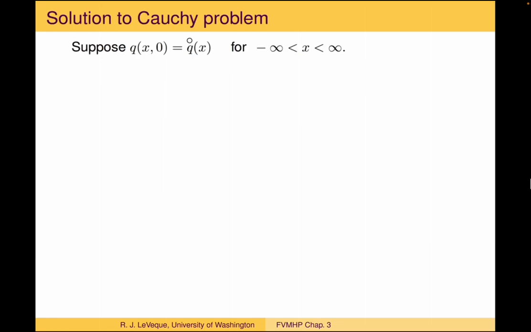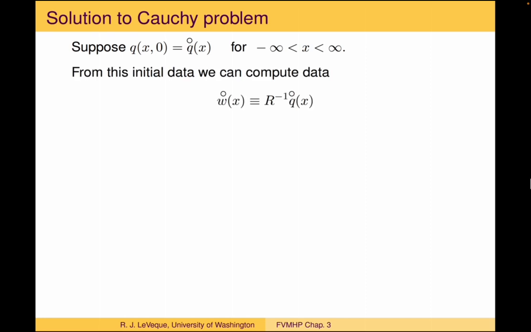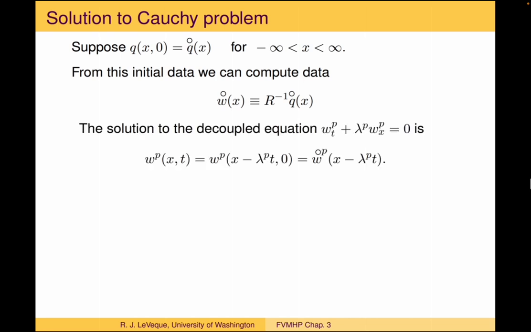So if we want to solve the general Cauchy problem with arbitrary initial data for all x, then one way we could do it is to take our initial data, multiply by R inverse, decomposing it into these characteristic variables, the w's, and then we know how to solve the advection equation for each component of w. wp at x,t is simply the initial condition w0, which came from R inverse times q0, evaluated at x minus lambda p t.